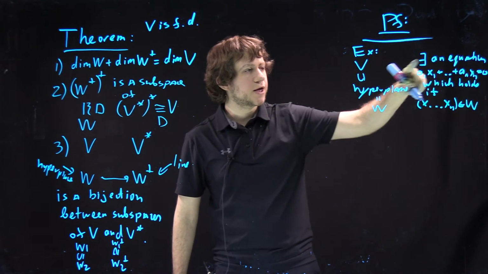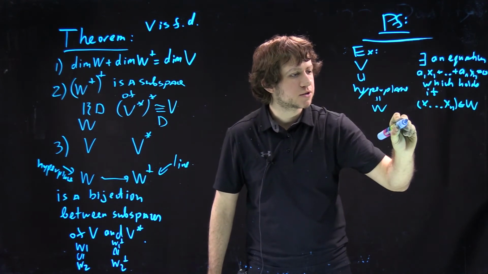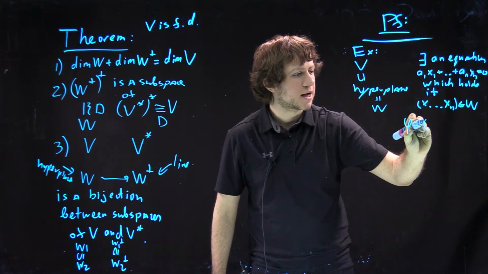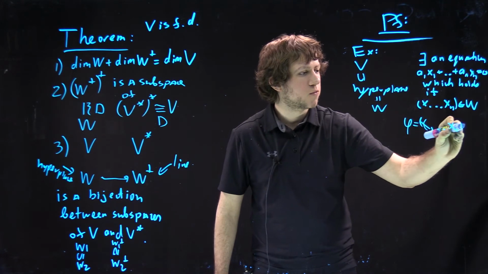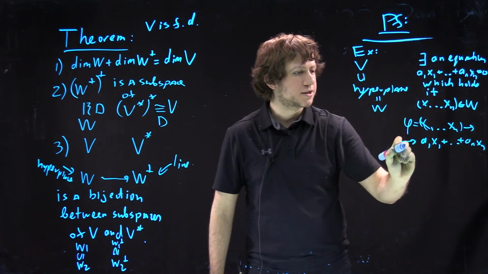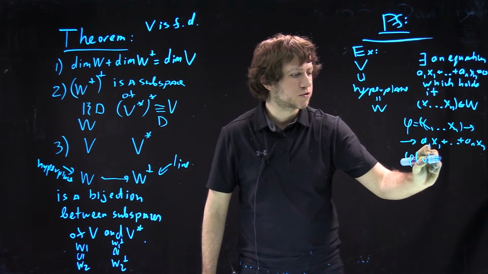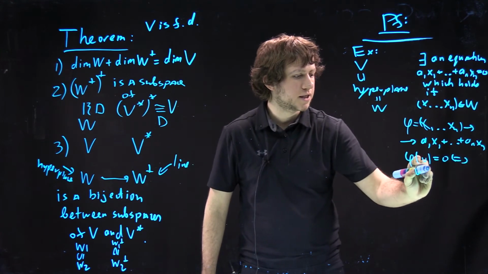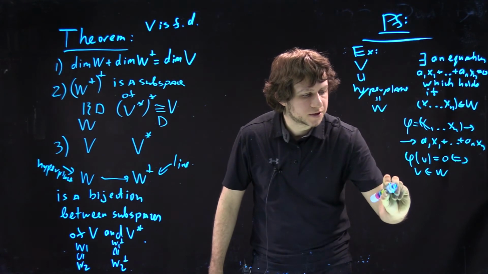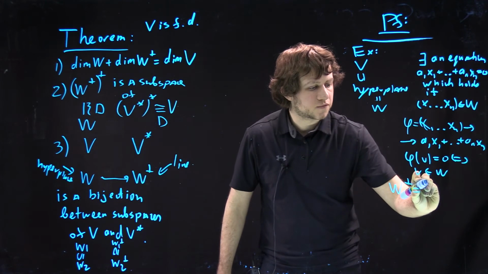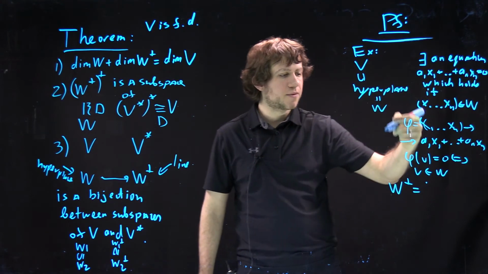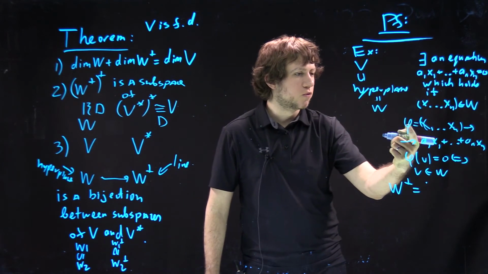But of course, if you think of this equation, you can think of it as a linear map phi, which sends x1 up to xn to a1x1 plus and so on plus anxn. This is a linear map, and phi of v equals 0 if and only if v is inside W. And what it means is that if you take the orthogonal complement, this W perp, we look at all linear maps which vanish for every element in the hyperplane, but this will be just phi times a constant.